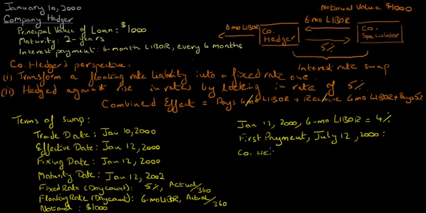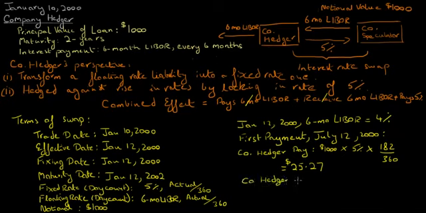Company hedger will pay company speculator $1,000 notional times the fixed rate of 5% times the actual number of days between January 12th and July 12th, which is 182, divided by 360. And this equals $25.27.